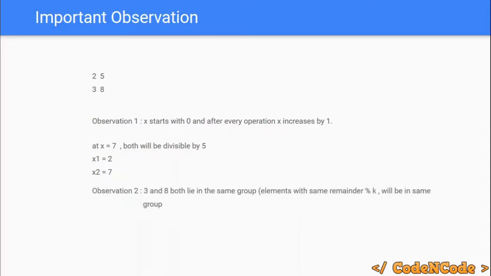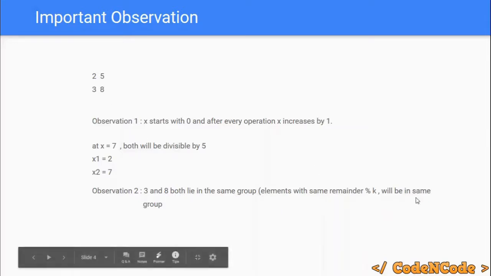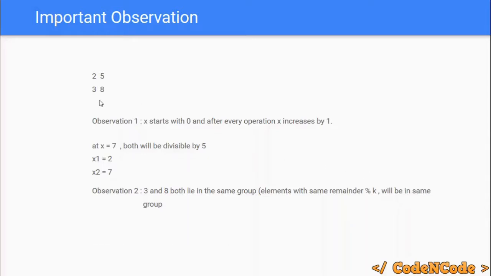So the second observation is important. You see, 3 and 8 both lie in the same group. These two integers both lie in the same group, and I'm forming the group by modulo. If two integers leave the same remainder when divided by k, then they are in the same group.